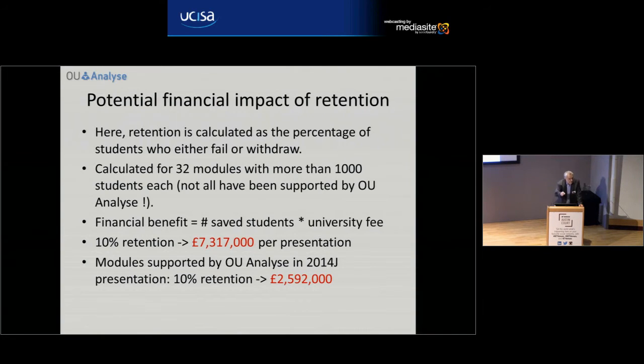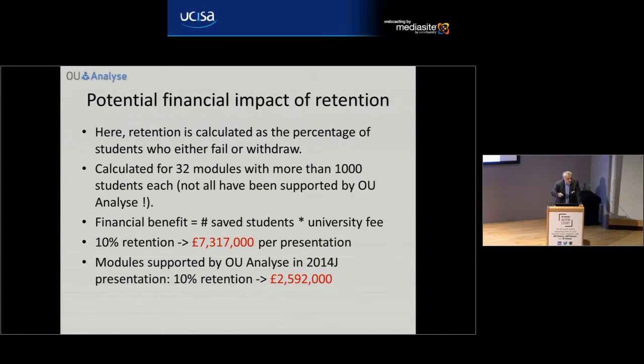I'm not saying that we have saved these students and saved this money. We don't support all of these students. We support only some of them, some of these modules, which will give us, if this reasoning is correct, saving of about $2.5 million in a single presentation.